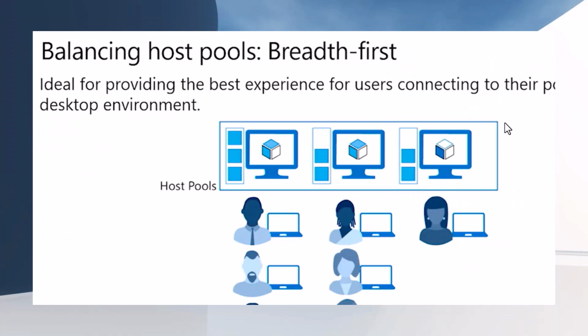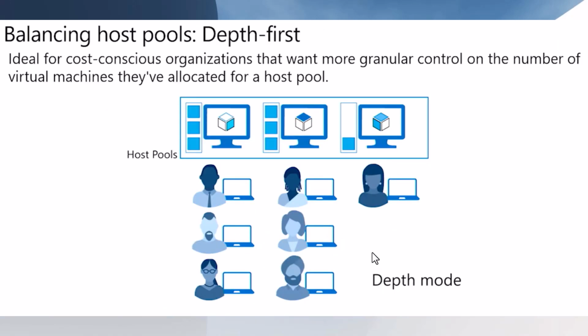So this we talk about the load balancing of host pools, breadth first and depth first. You can see the depth mode is going in deep. So with this one virtual machine, everybody is connecting there, and then it will go on. It's ideal for cost conscious organizations. We will be saving a lot of cost if we go depth first.